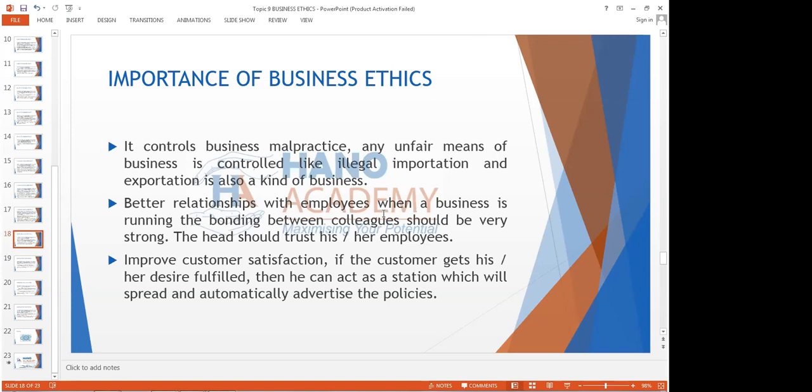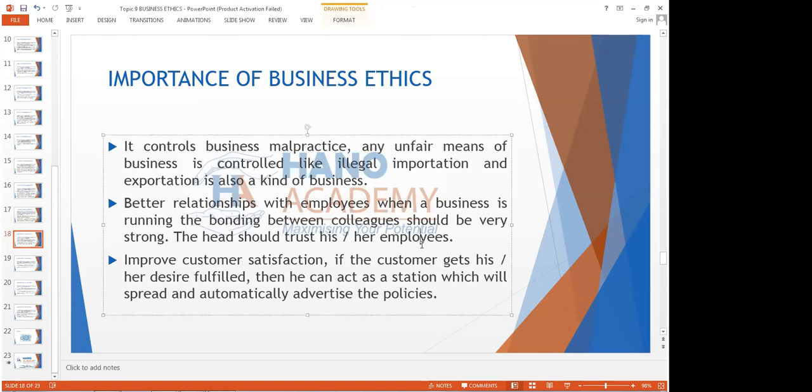Then number two, there is better relationship with employees. When a business is running, the bonding between colleagues should be very strong. So better relationship with employees is also very key. You need to relate well with the employees. Then number three, improve customer satisfaction.